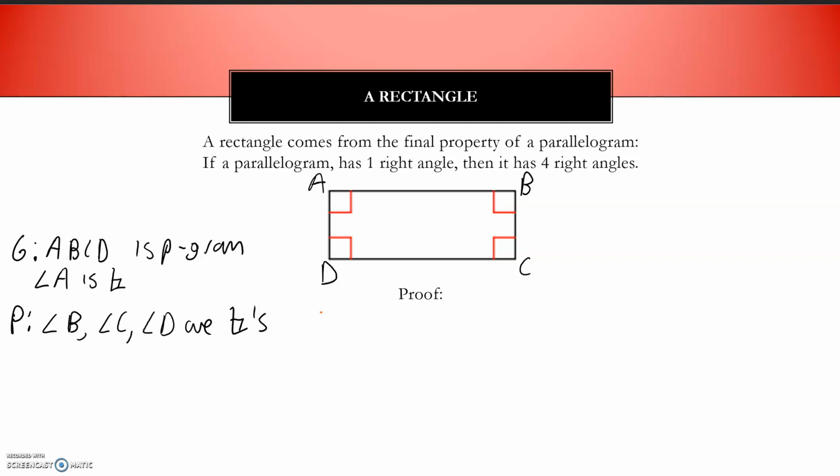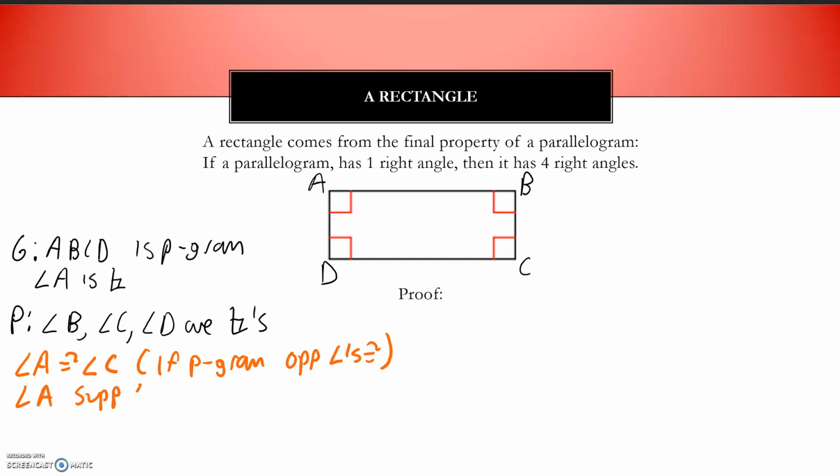First, angle A is congruent to angle C, because if parallelogram, opposite angles congruent. And angle A is supplementary to angle D. Again, if parallelogram, then same side interior angles are supplementary.